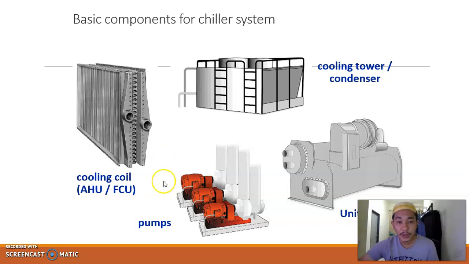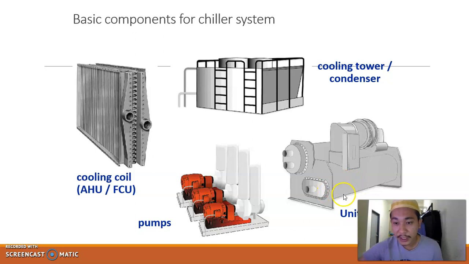Basically we have the cooling coil. Usually it is located in the air handling unit or fan coil unit, above the ceiling maybe, or in the AHU room. Then we have the cooling tower, the place where we reject the heat, usually located on the rooftop.